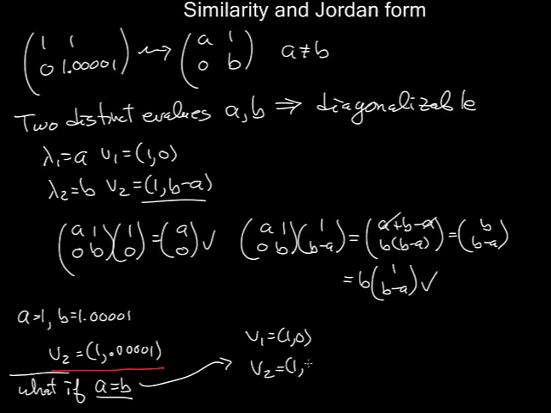If A was equal to B, these two vectors would come out to be literally each other, and they're not linearly independent. So it's not diagonalizable, but as soon as you tweak B by the tiniest amount, they become distinct.